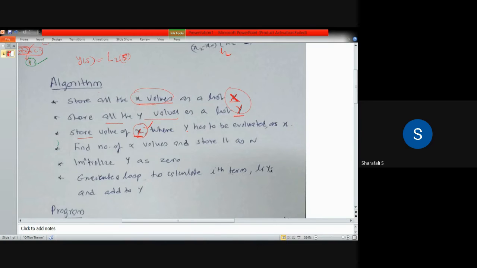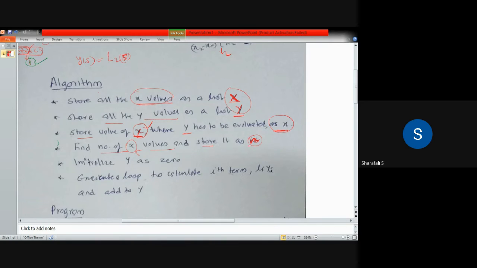So this is X where Y has to be evaluated, and that has to be stored as variable X. And then we have to find the number of X values that is given, that is the total number of data points, or you can consider this as the number of Y values also that is given. You can write this as number of data points. Find the number of data points, and that has to be stored as n or capital N, whatever it is.